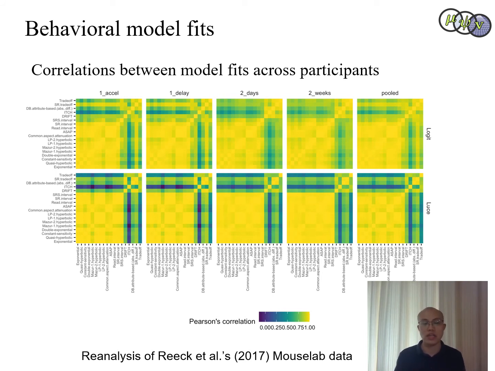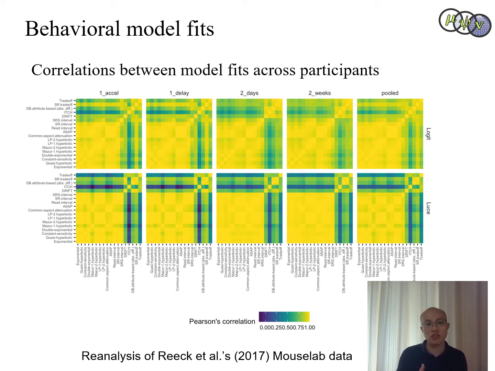So basically, we have applied a total of 18 intertemporal choice models, including 13 discounting models and 5 time as attribute models. And then we correlate each pair of these models to see how similar they are in terms of accounting for individual fits.